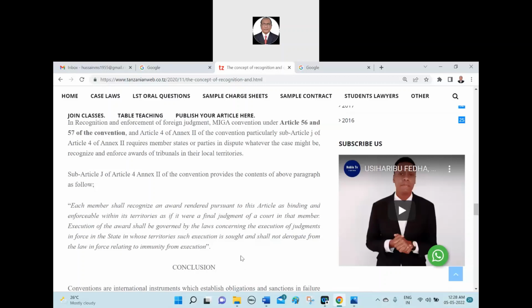So how many conventions did we read now? Anyone? The Hague Convention. Next, the New York Convention. Next, the EU Convention. Next, the MIGA Convention. Total, how many are there?